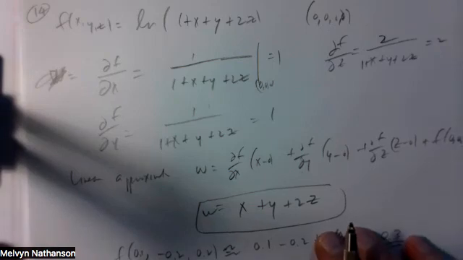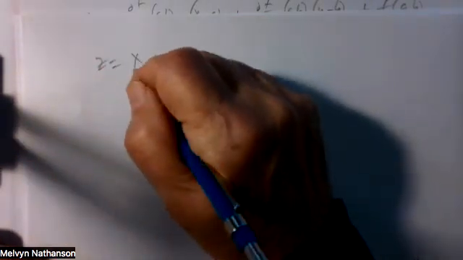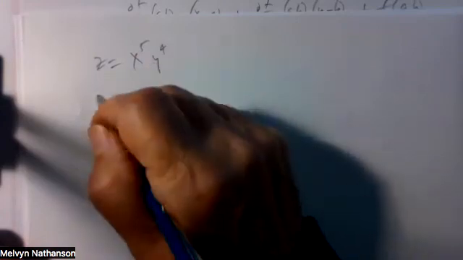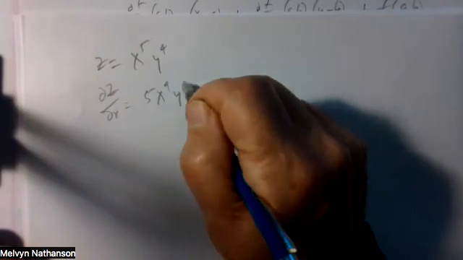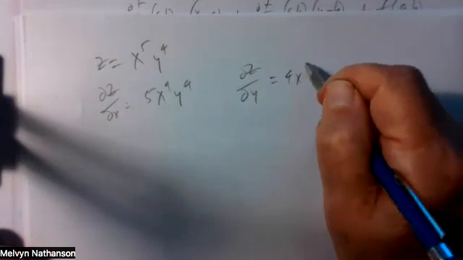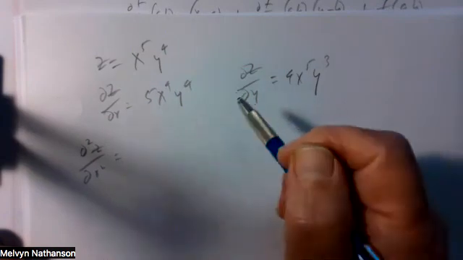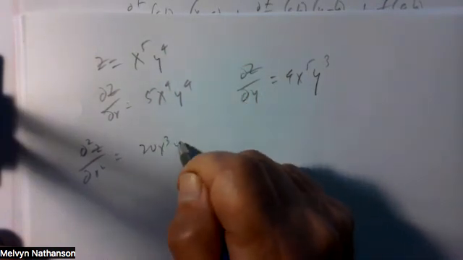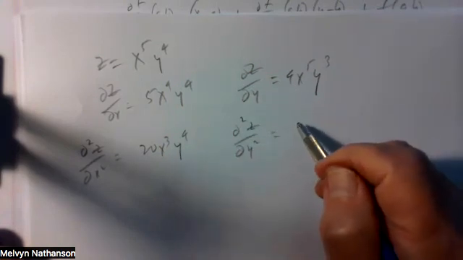Now, in terms of partial derivatives, it's just a lot of solving the problems. If you had z equal to x to the 5th, y to the 4th, take the partial of z with respect to x, and the partial of z with respect to y. Then the second partial of z with respect to x, and the second partial of z with respect to y.